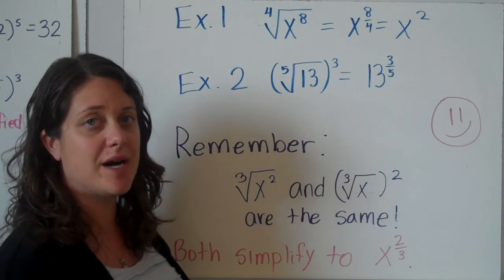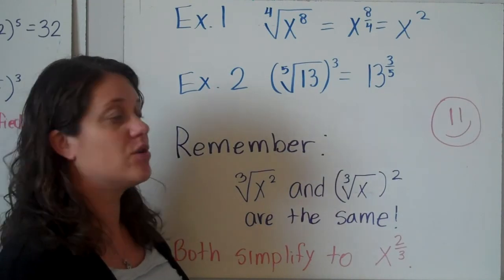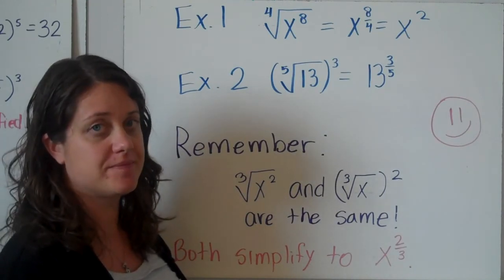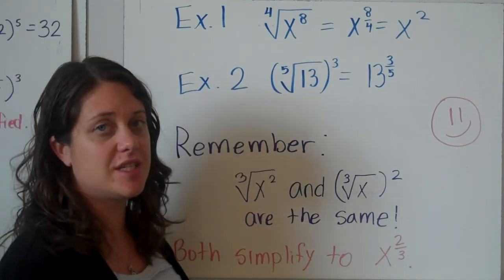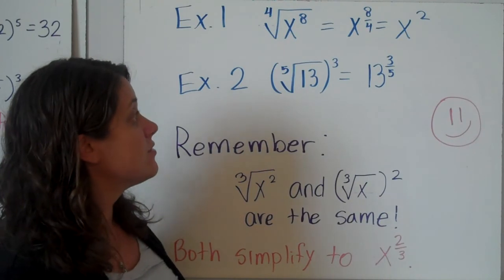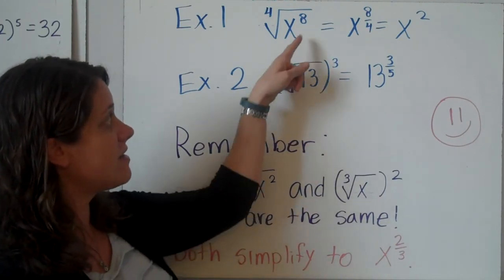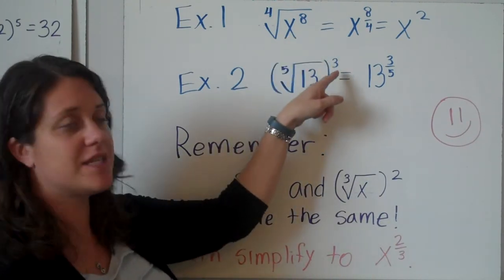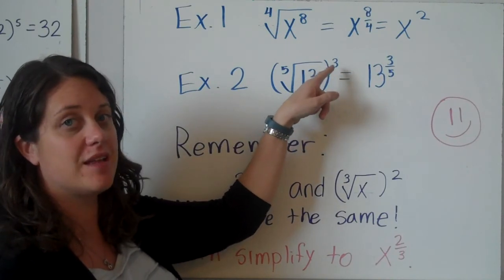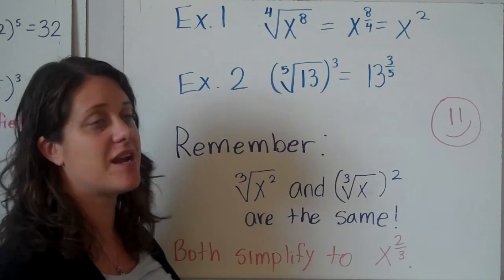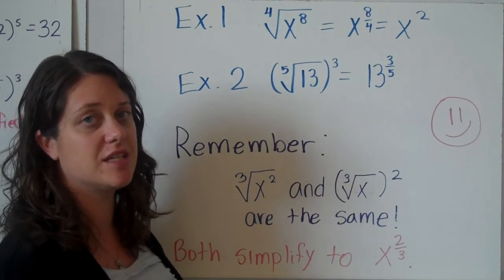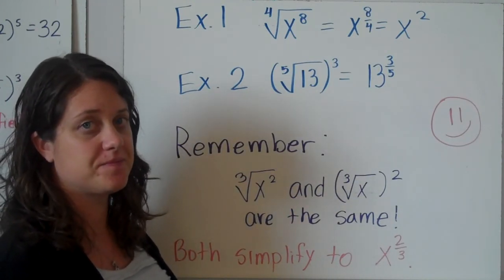And like I said, when possible, you should simplify, so it becomes x squared. On the second one, you have the 5th root of 13 to the 3rd power. Remember, it's the same way. It doesn't matter if it's under the radical or outside of here. Either way, the exponent becomes the numerator, and the index is the denominator. So my answer is 13 to the 3/5.